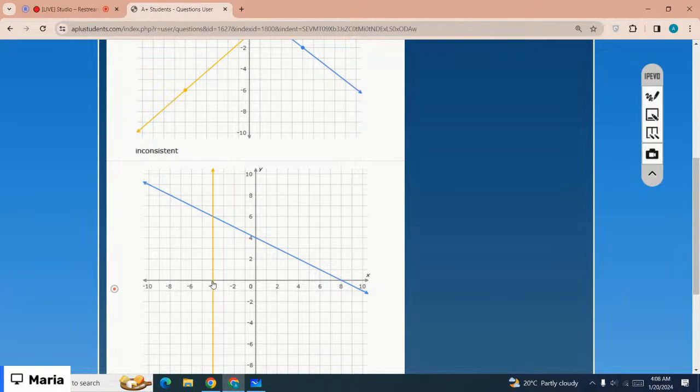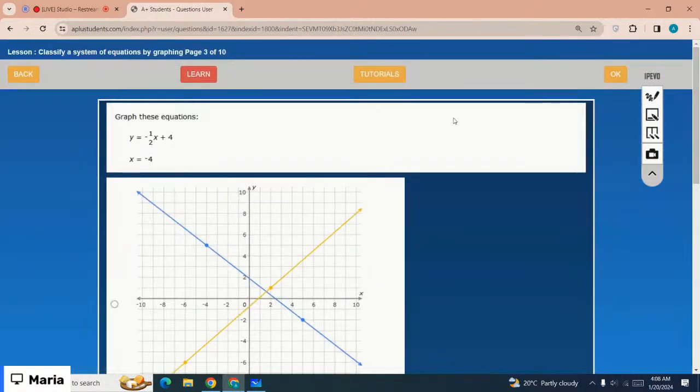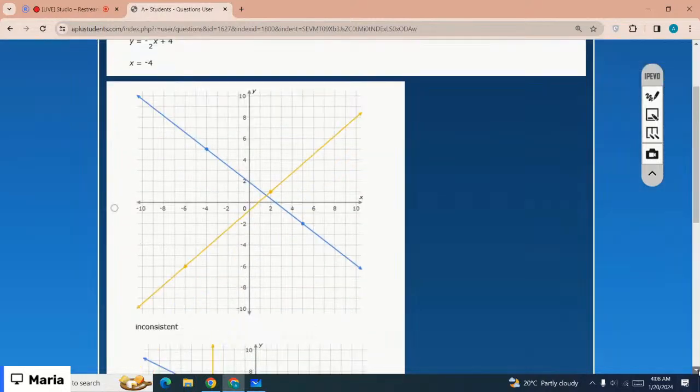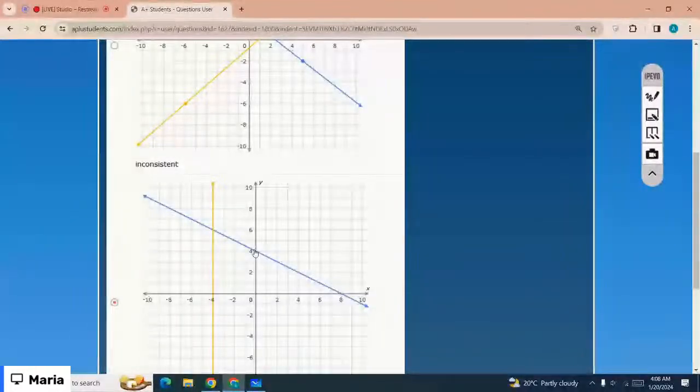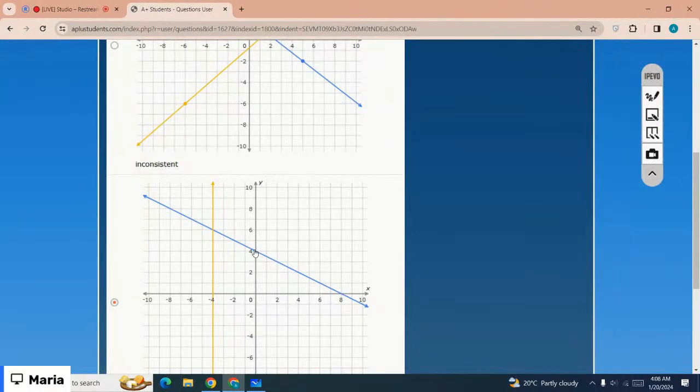Here is the line for x equals negative 4, and for the second equation, the y-intercept is at 4. That means the graph must be touching the y-axis at 4. So option number 2 is the correct option. If you need to identify the graph, you must know two things about the graph, the slope and the y-intercept. So the second option is the correct one.